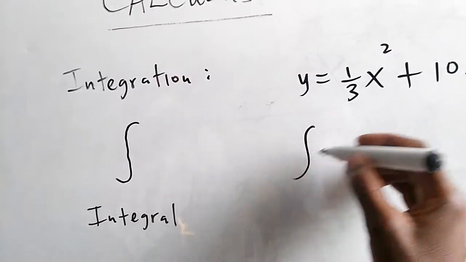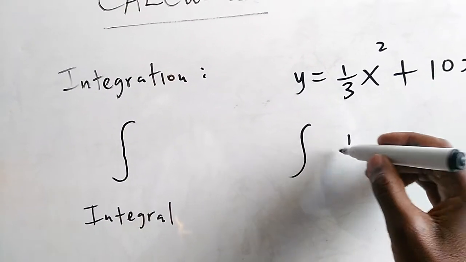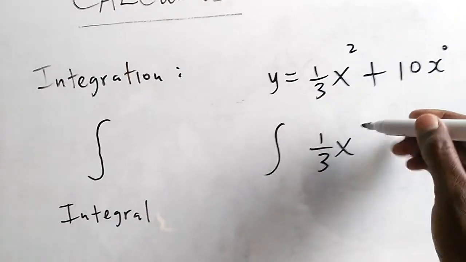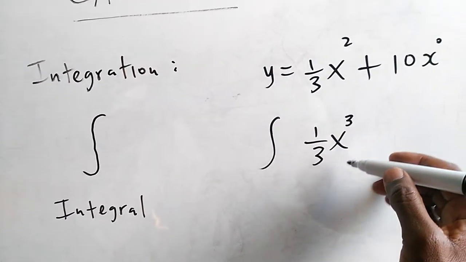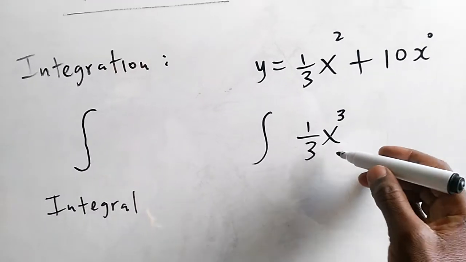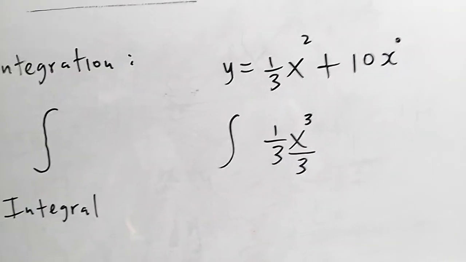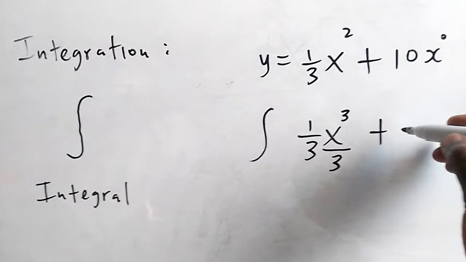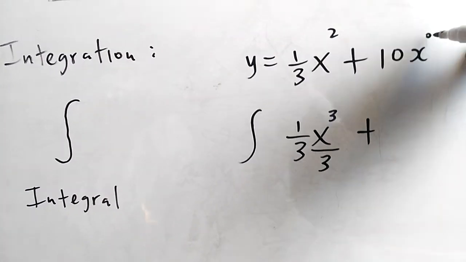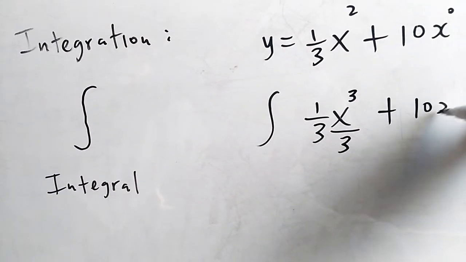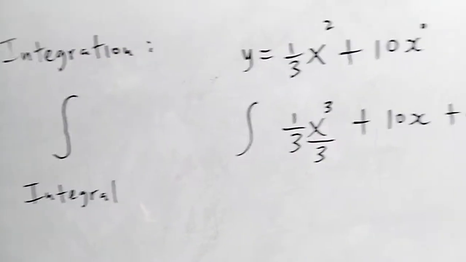So when we get to the integral, we'll say 1 over 3 will come the way it is. 2 plus 1 is 3. And then we'll drop the same 3. Okay? We'll drop it. And then we'll say 10 to the power, this is 0, plus 1, it will be 10x, plus a constant.